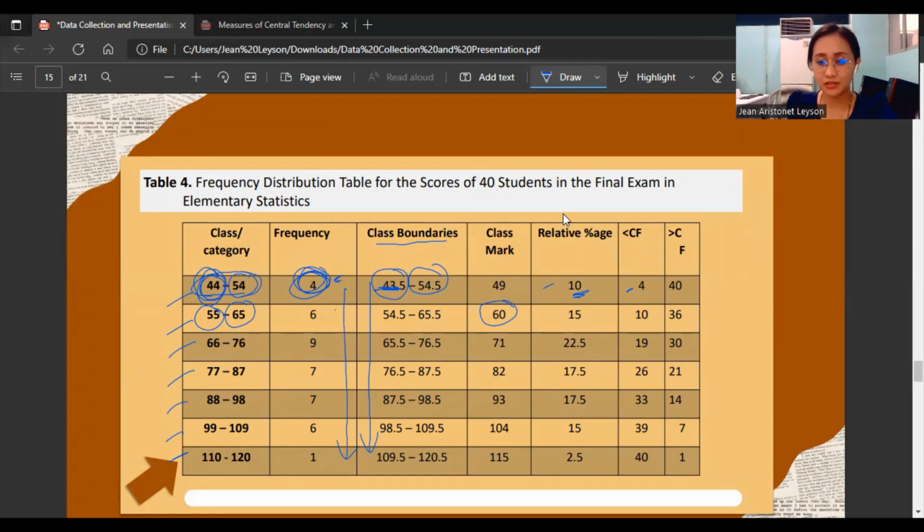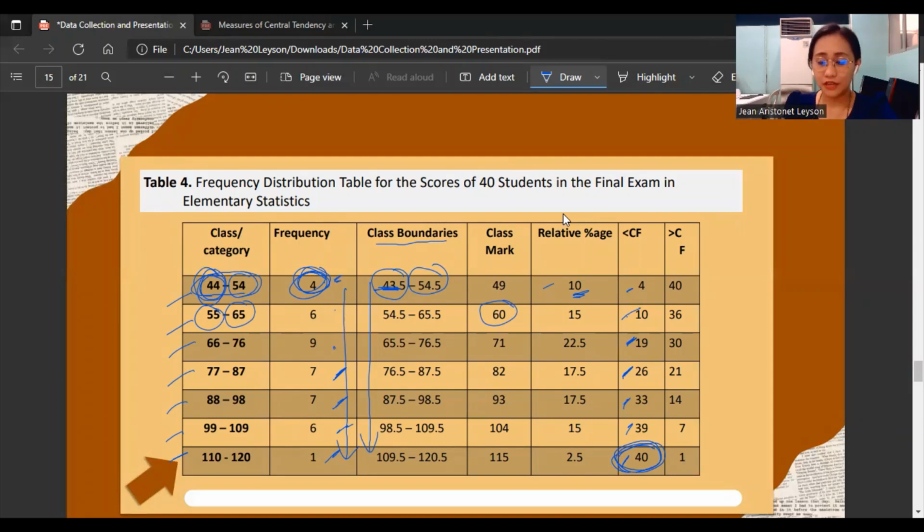That's 4 plus 6, that will give us 10. 10 plus 9, that will give us 19. 19 plus 7, that will give us 26. 26 plus 7, that's 33. 33 plus 6, that's 39. 39 plus 1, that is 40. So the last entry in the last row should be n, or the total number of values in our data. So that's for less than.